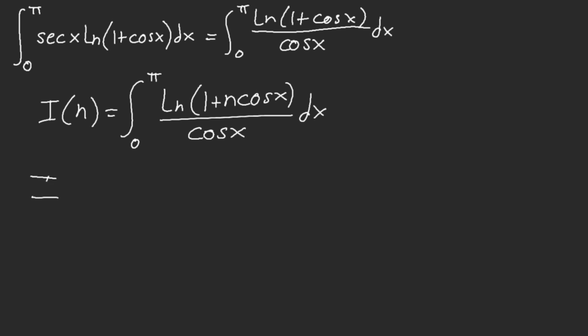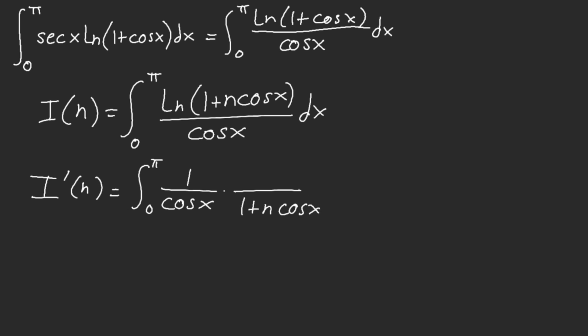If we derive I of n from 0 to pi, notice that we have cosine of x, because that's just a constant. Well, you know what I mean. But when we derive ln of 1 plus n times cosine of x, we get 1 over 1 plus n times cosine of x.